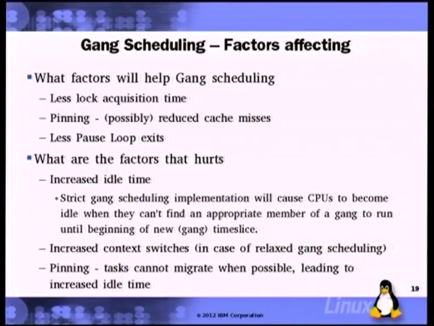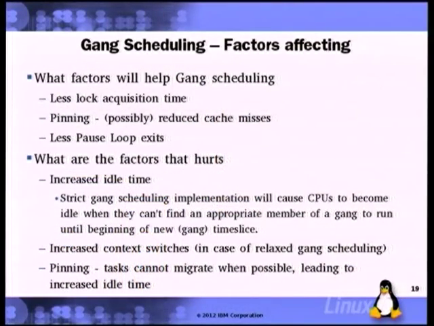And what are the factors that would hurt gang scheduling? One is increased idle time, because what if you don't have a task on a CPU to be scheduled? Do you idle the CPU? Or what if a vCPU sleeps earlier than its slice? The next one is increased context switches.